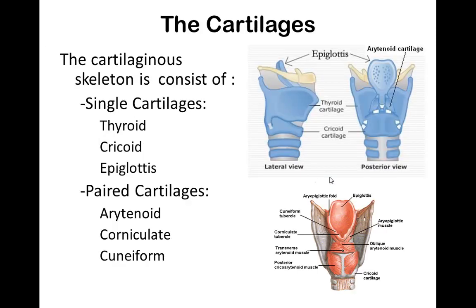The cartilage of the larynx includes single cartilage such as the thyroid cartilage, the cricoid cartilage, and the epiglottis, and paired cartilage, which are 3 small cartilages: the arytenoid cartilage, corniculate cartilage, and the cuneiform cartilage.